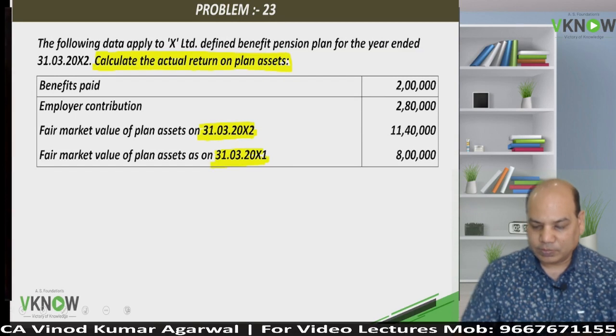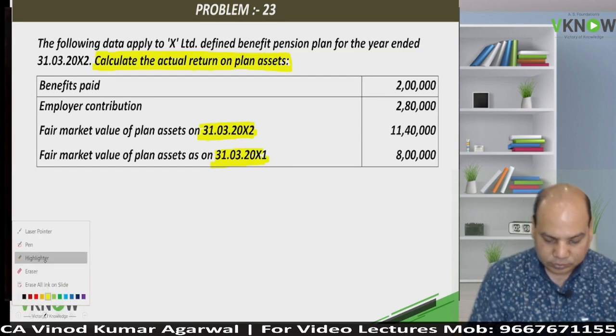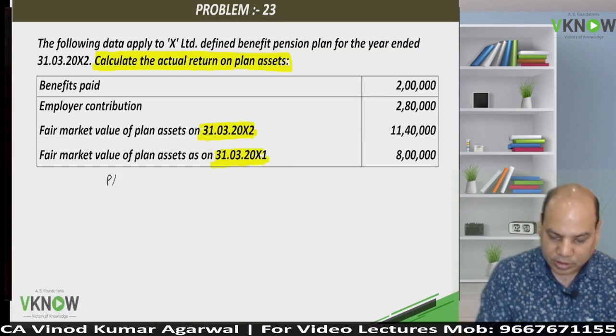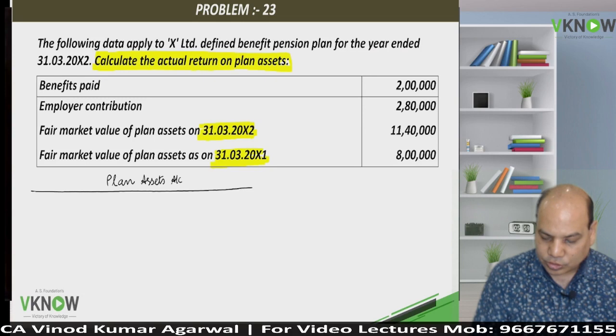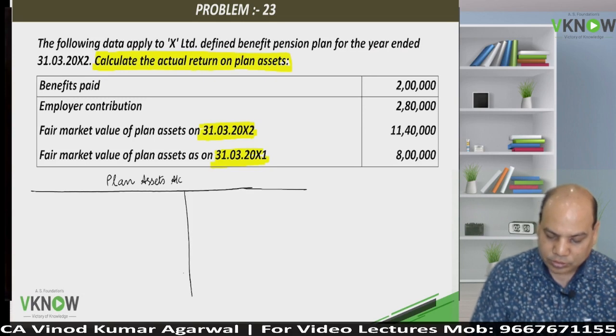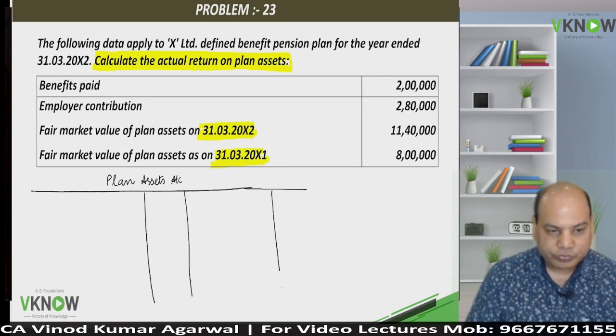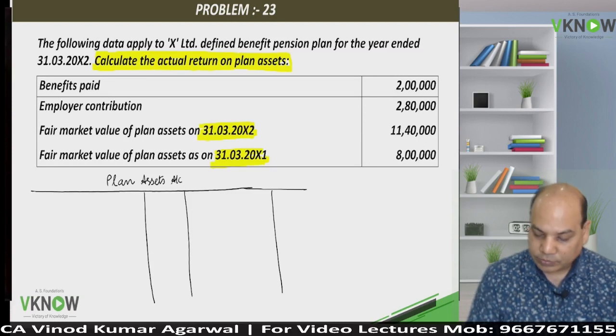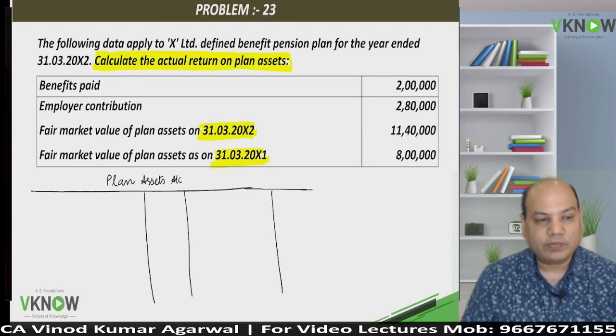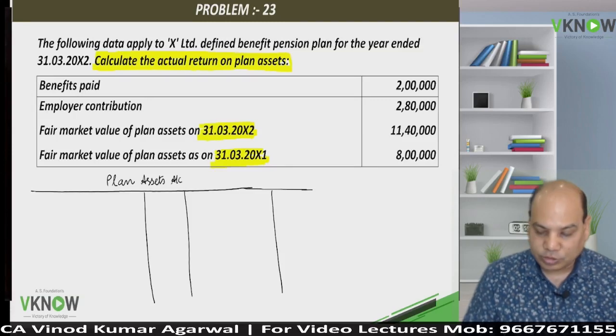One is I can prepare a ledger, that is plan asset account, which you will also write in your notebook. So that you will understand the different ways of understanding the same question.